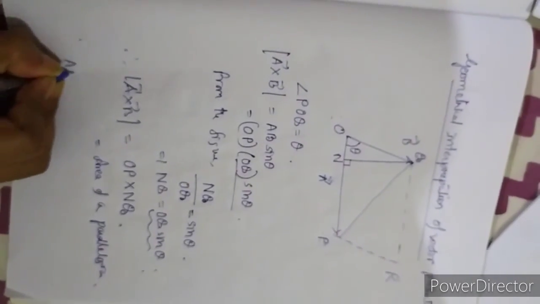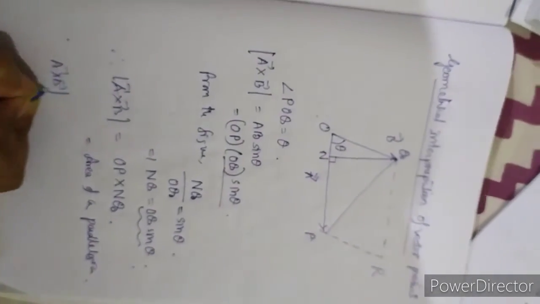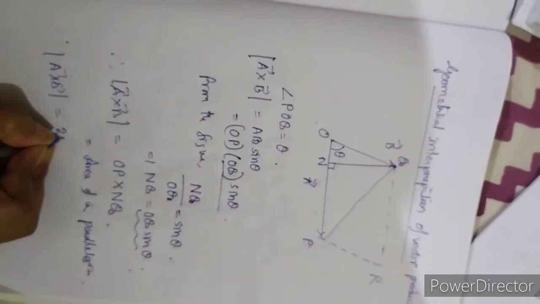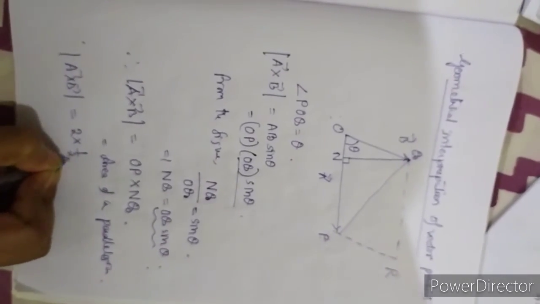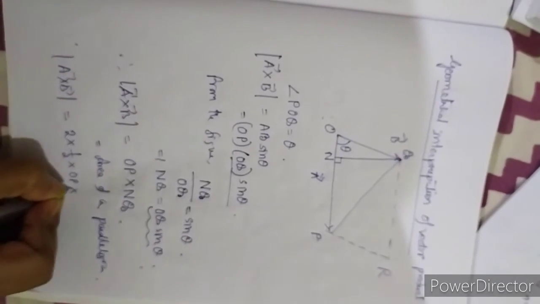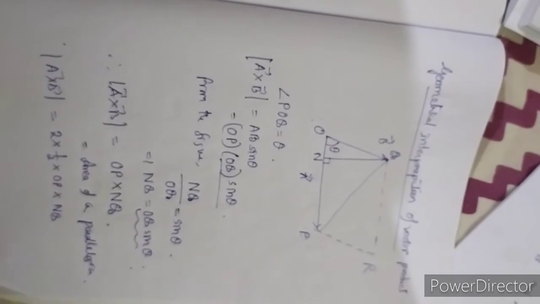From here, if I write the magnitude of A cross B, can I write it as 2 into half into OP into NQ? Yes.